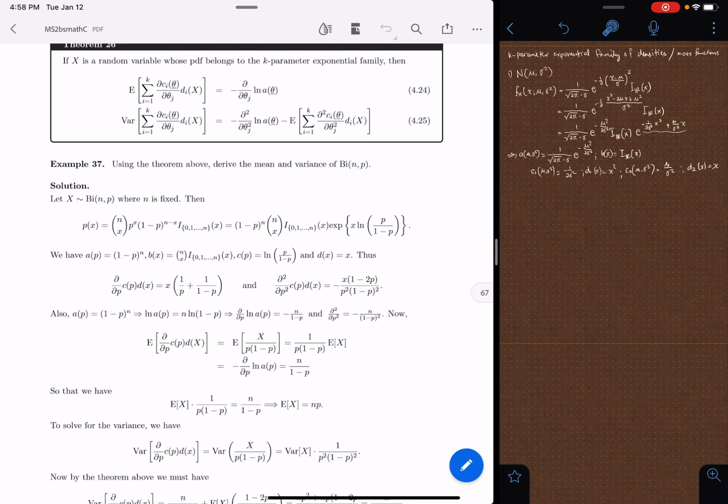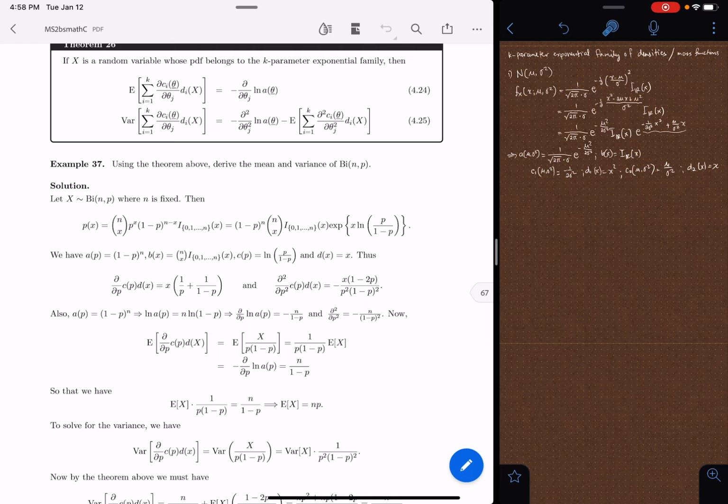So, rewrite natin yung PMF into 1 minus p to the n times n choose x times the indicator function. Tapos, i-group natin yung p to the x at saka yung 1 minus p to the negative x, just like ginawa natin kanina sa Bernoulli.